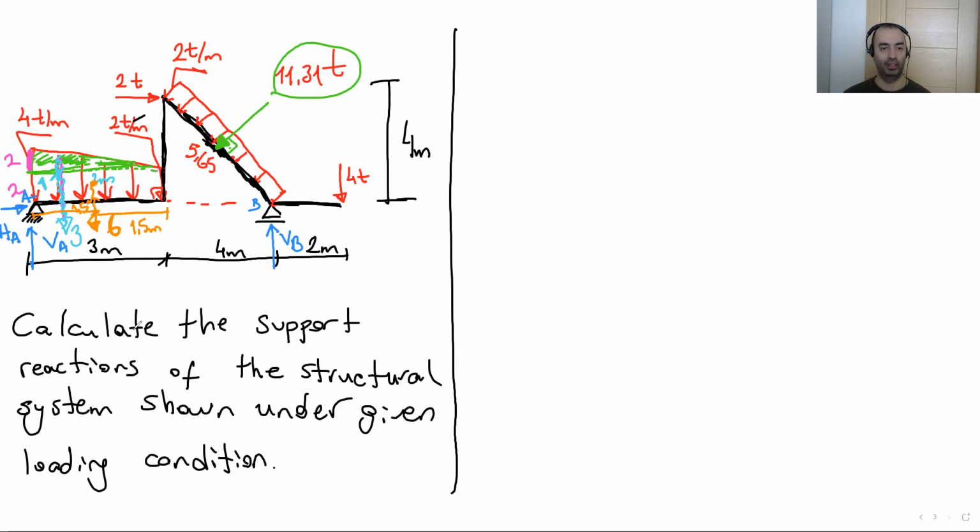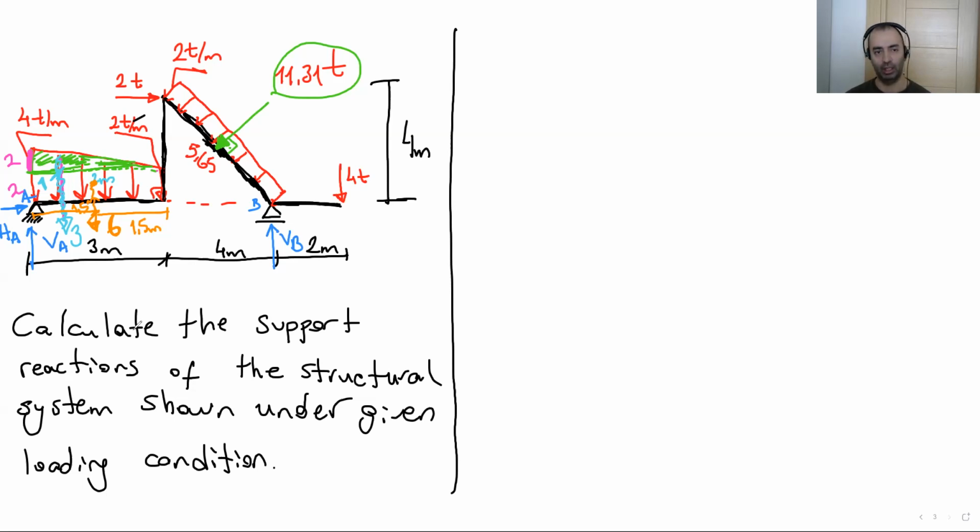So what we did here, we converted all the distributed loads to concentrated loads. But here, this 11.31 is an inclined force in the system. Okay, that's okay. We put the concentrated load at the exact location.